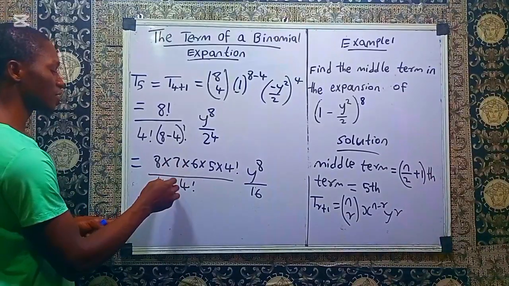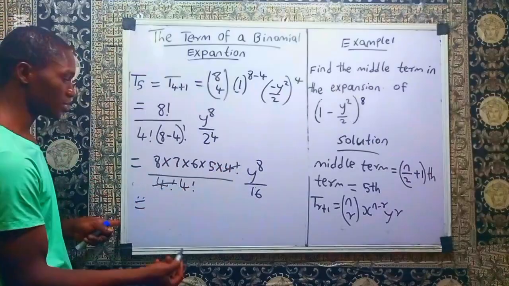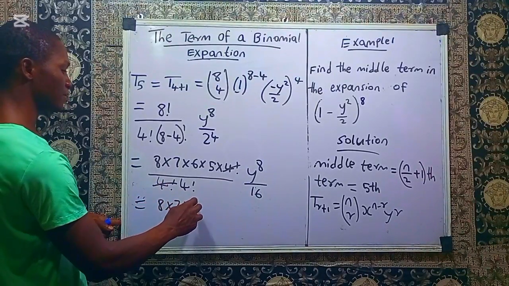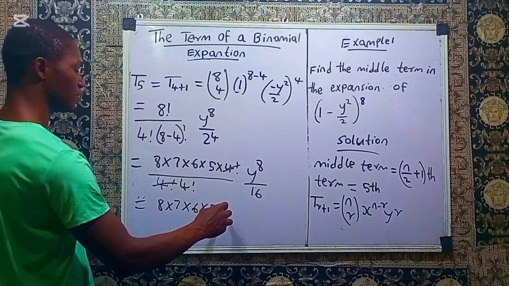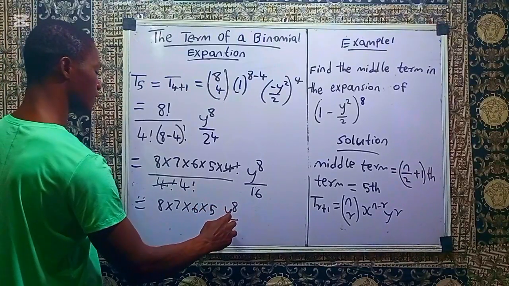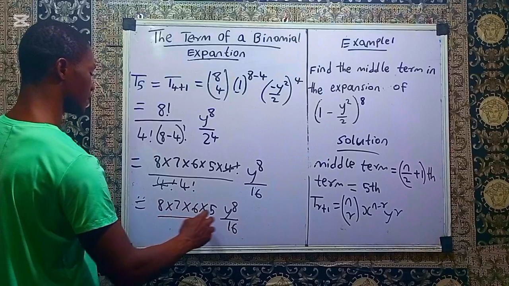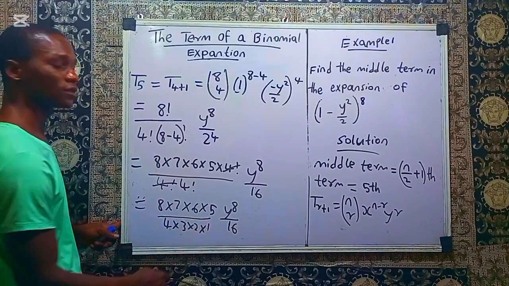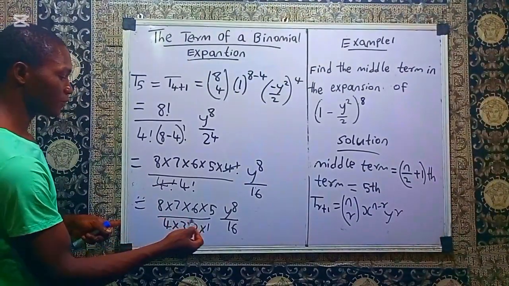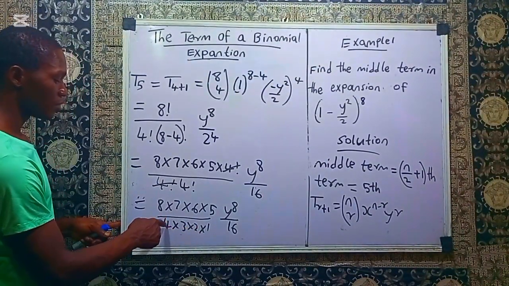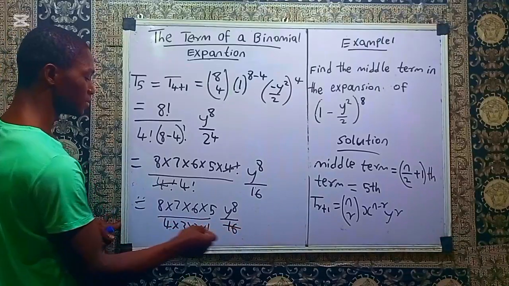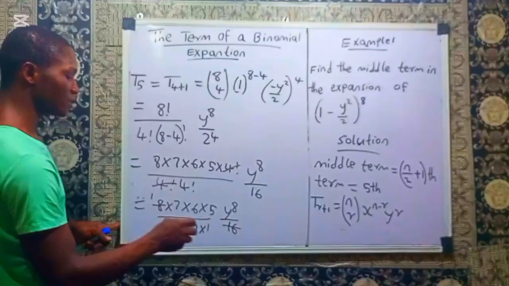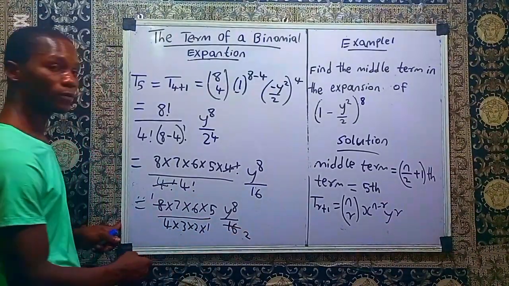If you simplify further, 4 factorial will cancel 4 factorial. And this will be 8 times 7 times 6 times 5 multiplying y raised to power 8 over 16, dividing 4 factorial, which is 4 times 3 times 2 times 1. If you look at what we have here, 8 can divide 8, and 8 divided by 8 is 1. 8 divided by 16 will give 2.